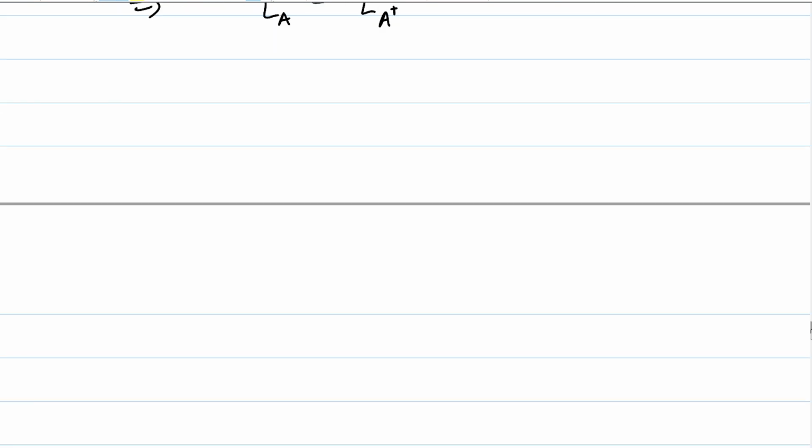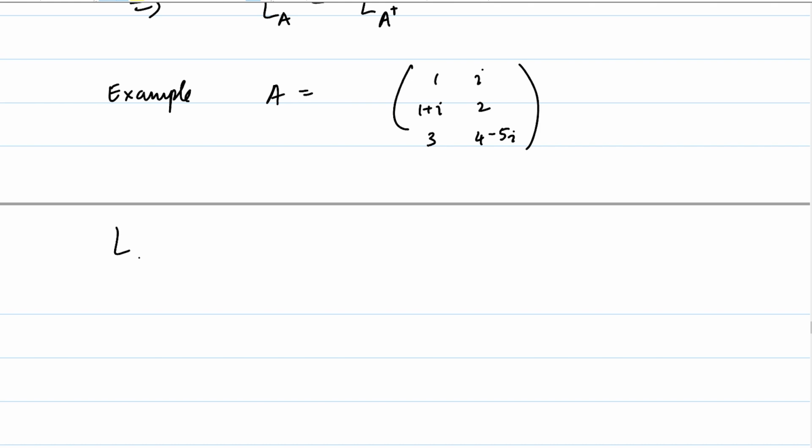So in particular, for example, if A is the matrix with rows 1, i, 1 plus i, 2, and 3, 4 plus 5i, then what is going to be L_A of, say, (z1, z2)?